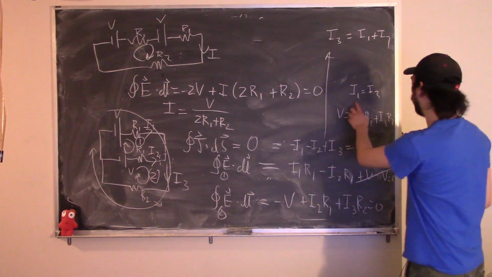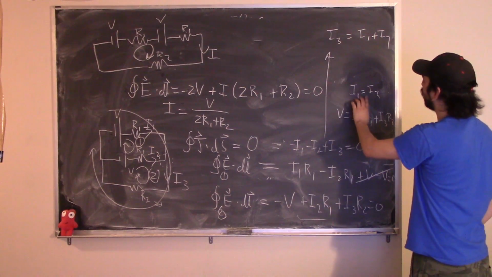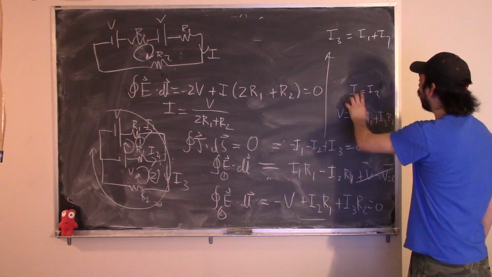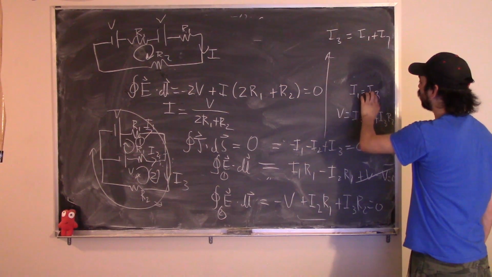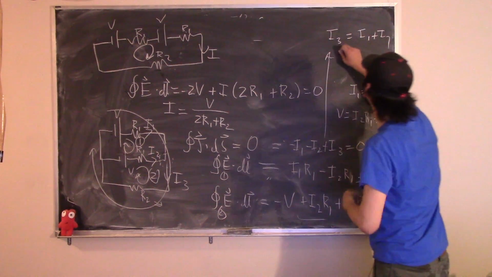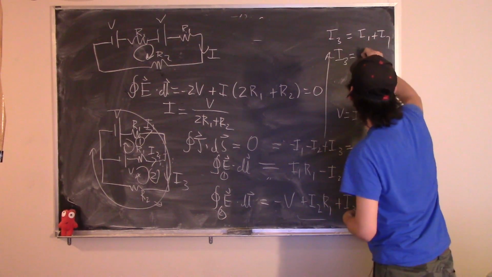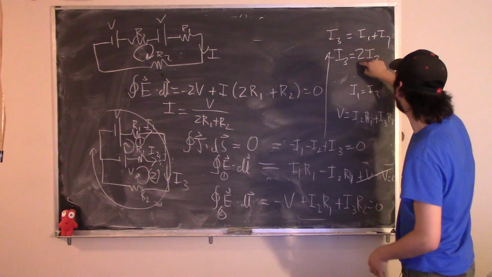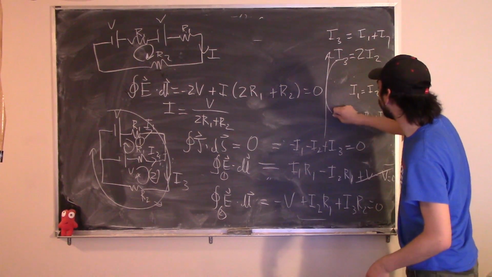So what I can do here is plug I2 in for I1 here. So that says that I3 is going to be equal to 2 times I2, okay? And now that I have this, I can plug it into this equation.